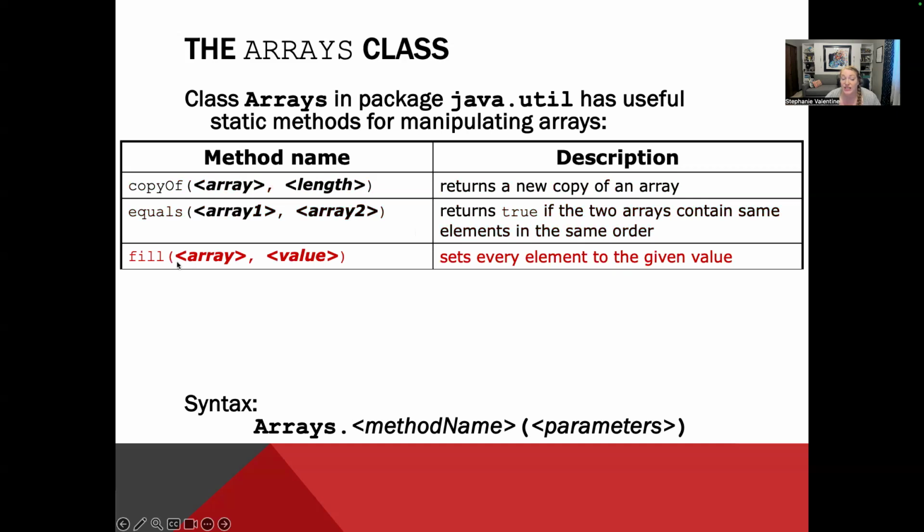You can also fill. This is convenient if you have elements that, you know how I talked about the zero initialization, where when you create an array of ints, for example, it sets all of the variables to have 0 value.